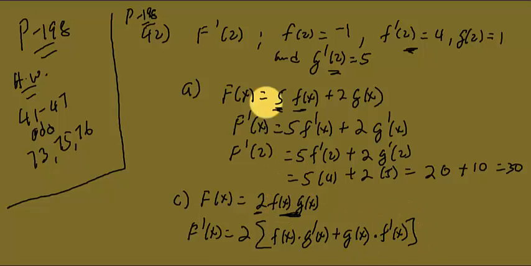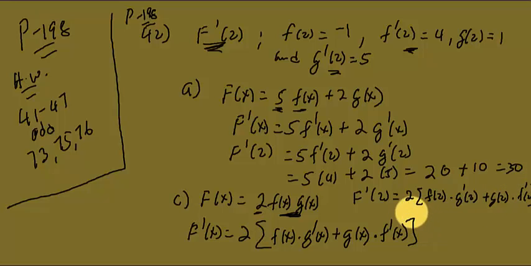Now we have to find the derivative at 2, so we're going to plug in 2. So f prime of 2 will now be 2 times f of 2 times g prime of 2 plus g of 2 times f prime of 2. Now we just have to go find all the values and plug them in.